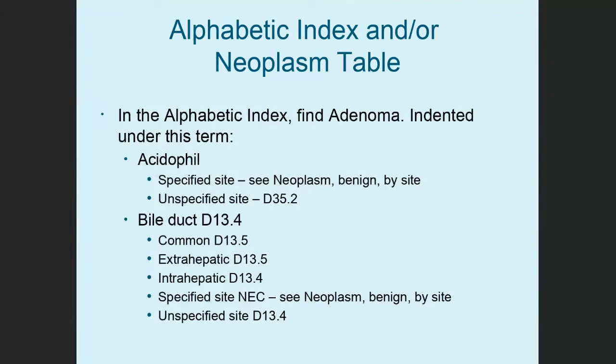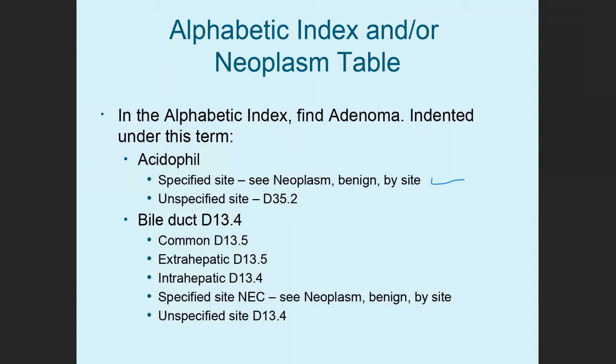In the alphabetic index, find adenoma. This refers to glandular structures in the epithelial tissue. In the alphabetic index, there are many indented terms. These are just some examples. Acidophil, if there's a specific site, then it refers you back to the neoplasm table.